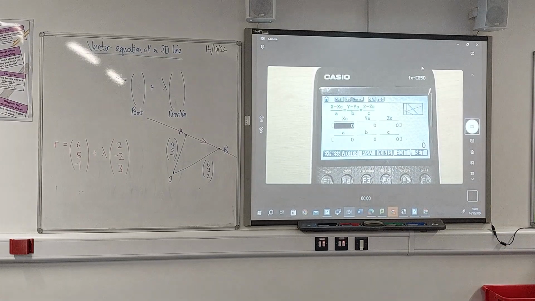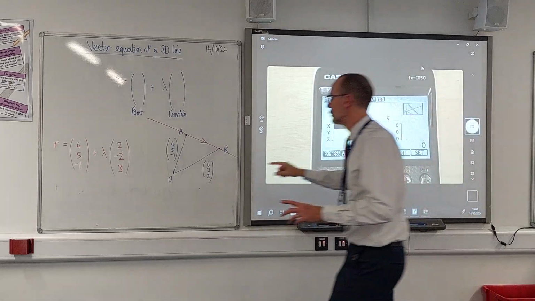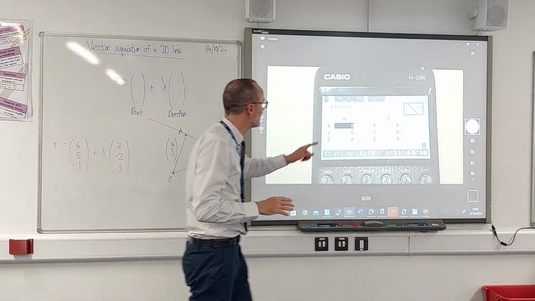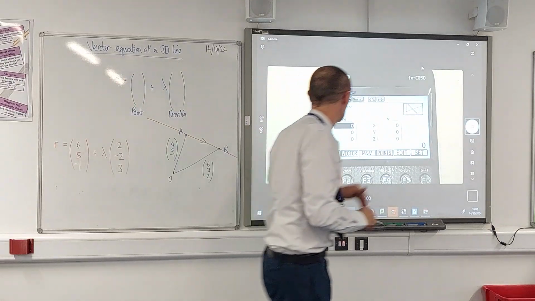So instead, we're going to use the vector description. So I'm going to press vector, and straight away it's given me a template that looks like this. Obviously, they use a different letter to us, so lambda t, it's the same thing.